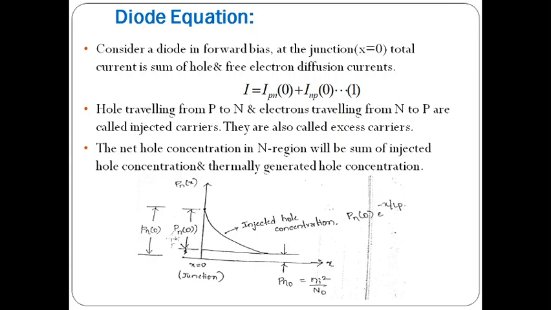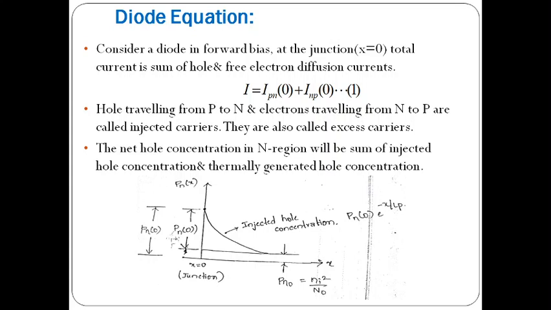So consider a diode in forward bias at the junction. At the junction, meaning x equals 0, the center of the P region and N region, total current is the sum of hole and free electron current. So now we are deriving the diode equation.